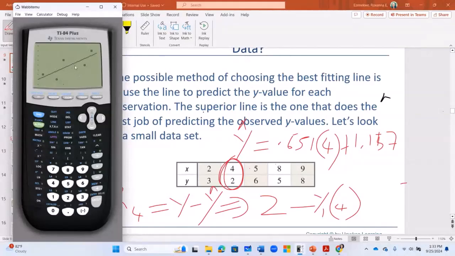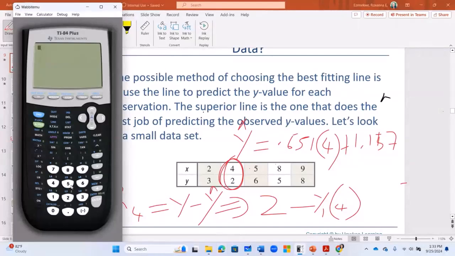See, the residual for 8 will be negative. Let's do the residual for 8. Let's take it easy. The y coordinate of 8 is 5. So we type in 5, and 5 is the observed.